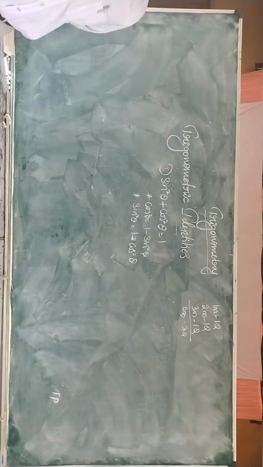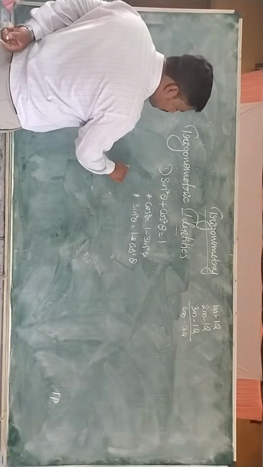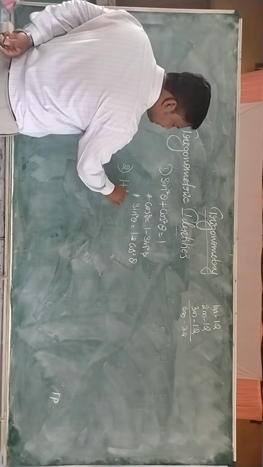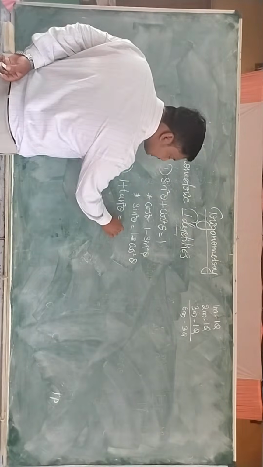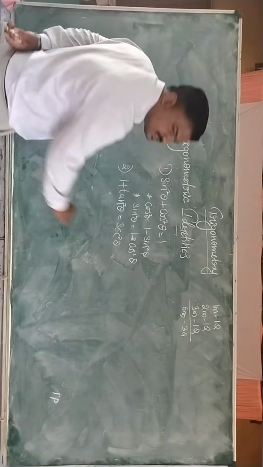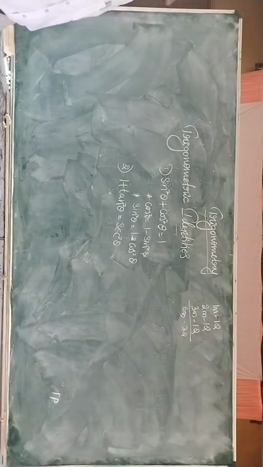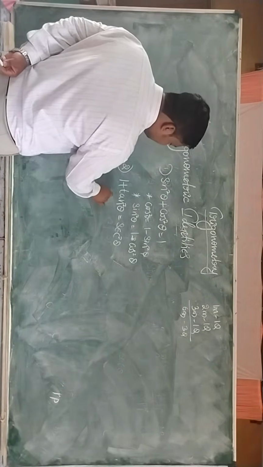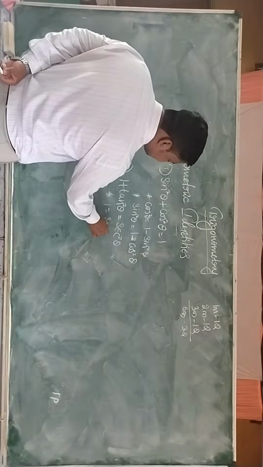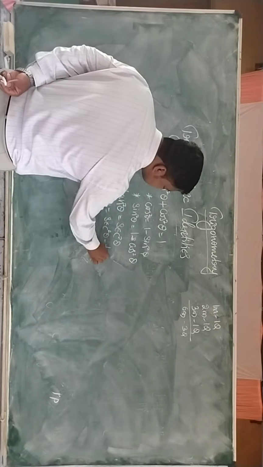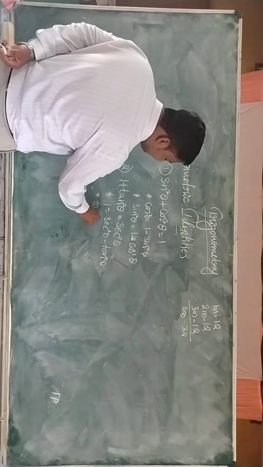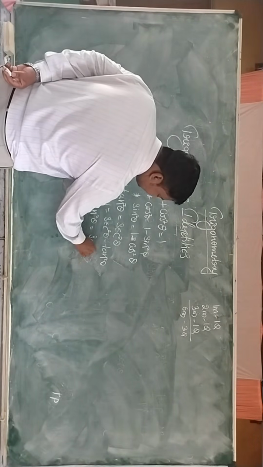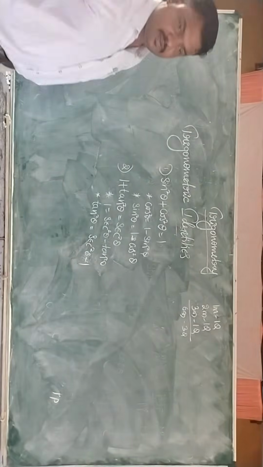Sub identity. Second identity, 1 plus tan square theta is equal to sec square theta. And the sub identity, 1 is equal to sec square theta minus tan square theta, and tan square theta is equal to sec square theta minus 1.